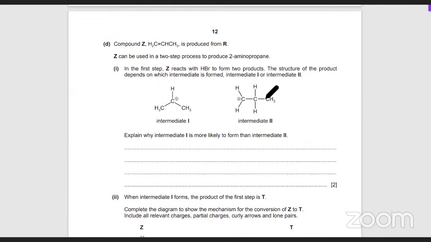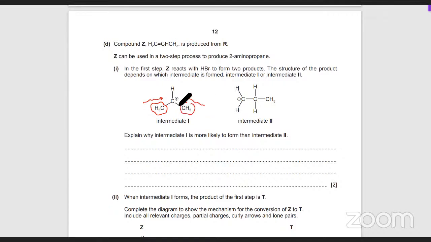Achha, carbocations, which ones are more stable? Primary carbocations or secondary carbocations? Secondary. Remember, tertiary are even more stable. Why are they more stable? Because they've got more alkyl chains, and alkyl chains have an electron donating effect. So the charge density on the carbocation decreases, it becomes less reactive and more stable, easily formed.